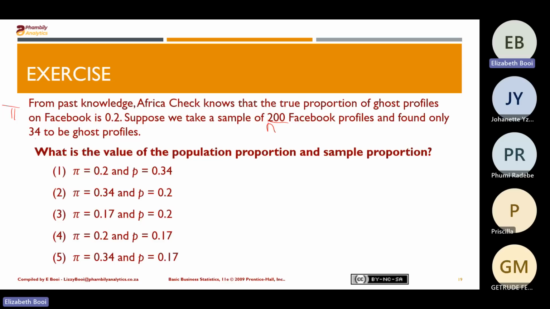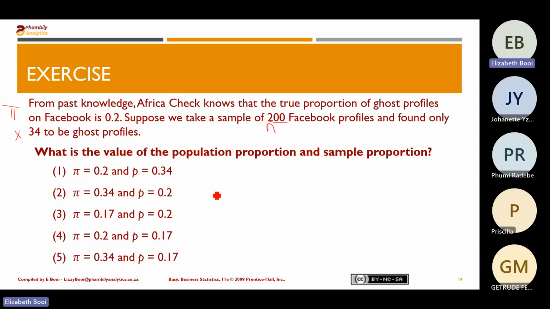So that is our n and that is our x, because they give us the observations satisfying that sample, which enables us to calculate our sample proportion. What is the value of your population proportion and what is the value of your sample proportion?